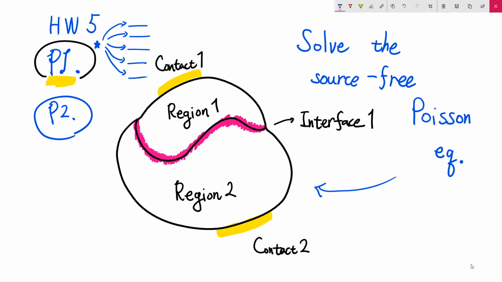For example, if you have two terminals, one is biased to 1 and one is biased to 0. If you have multiple terminals, try 0, 1, -1 and whatever. Since this system is just a linear system, the actual value itself is not that important. Anyway, please solve the Poisson equation.